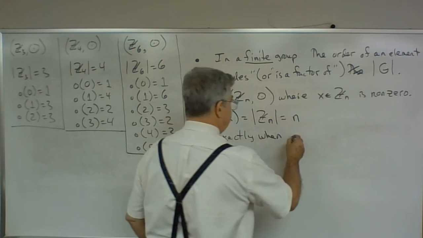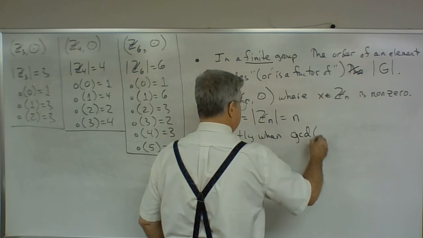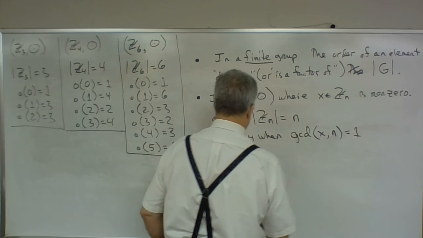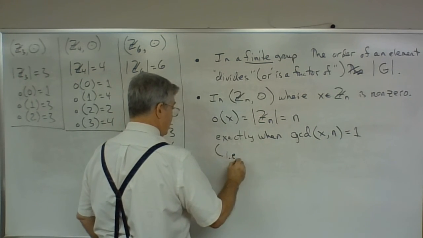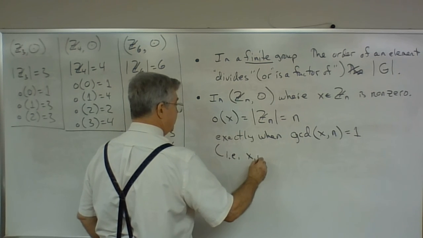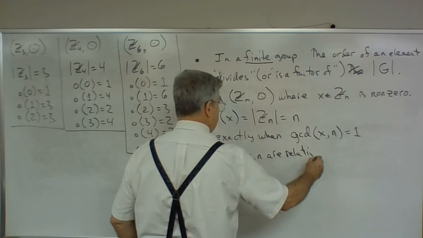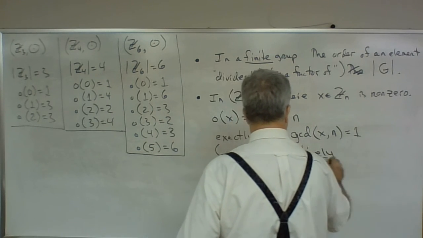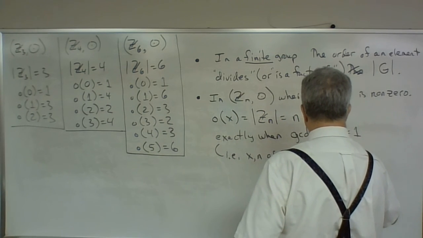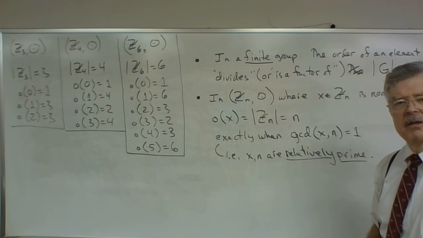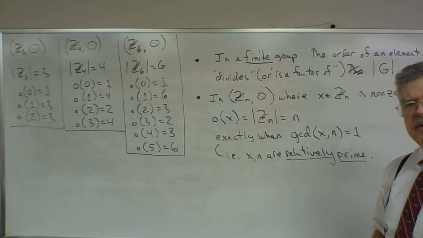So I guess this is it. The greatest common divisor of x and n is equal to 1. That is, x and n are relatively prime. And in all cases, the order of an element divides the order of the group.